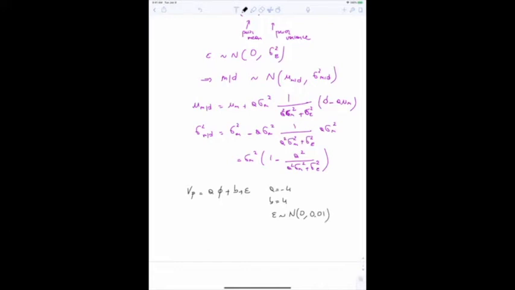Then I'm going to give you a prior distribution where m is distributed according to a Gaussian distribution with mean 0.2 and variance 0.09.